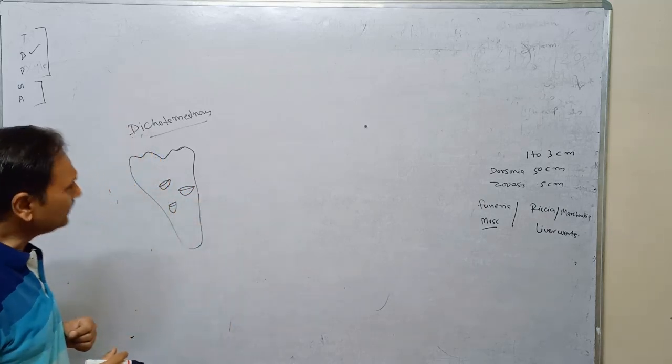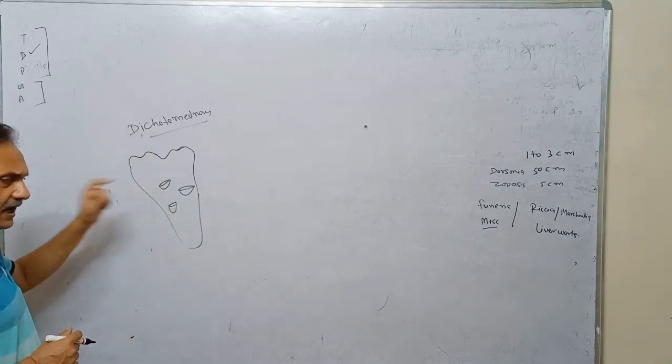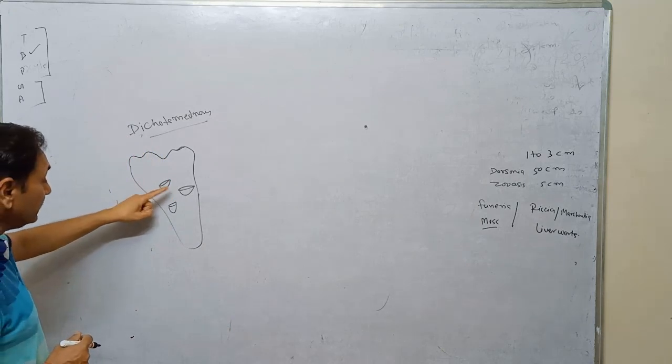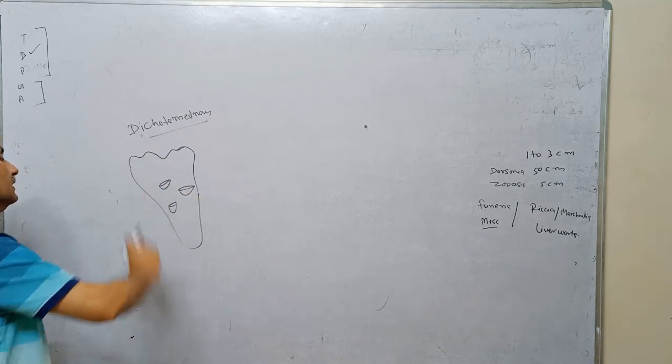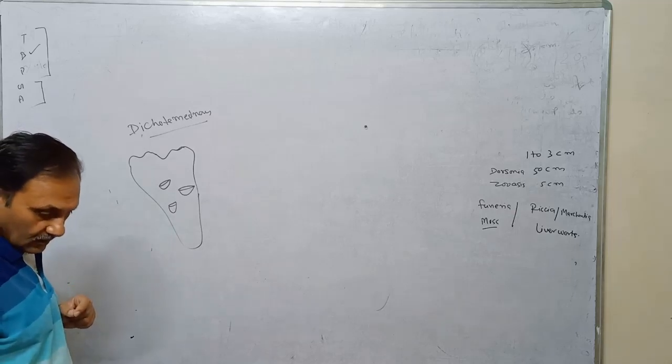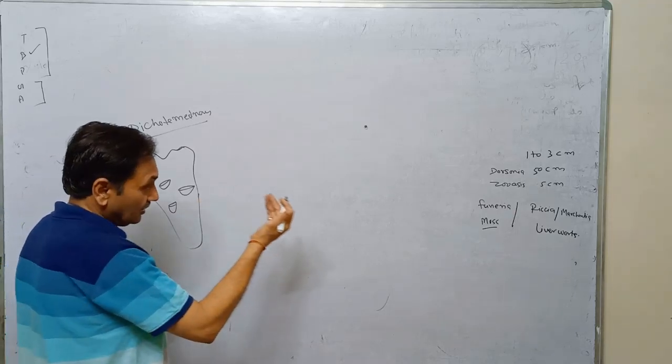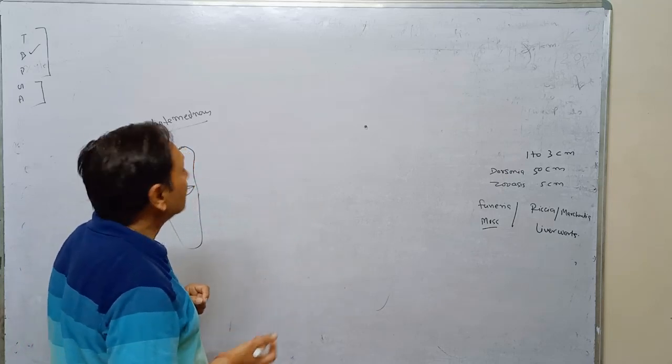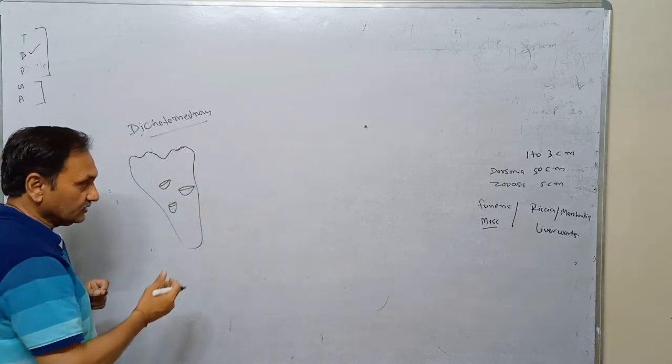In Riccia they are not present, but in Marchantia the gemma cup is helpful in the asexual mode of reproduction. Now we will discuss their life cycle and deep structure with the help of certain figures.